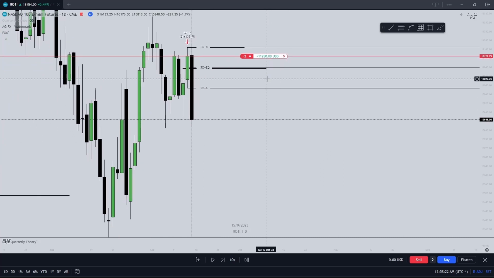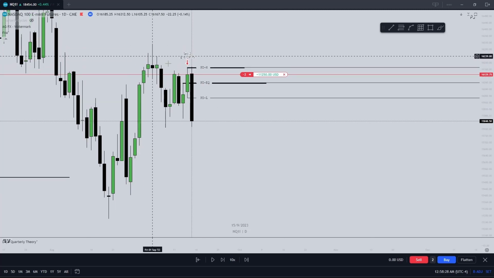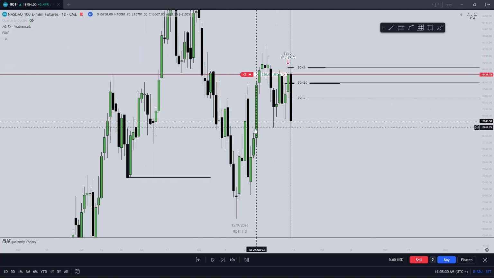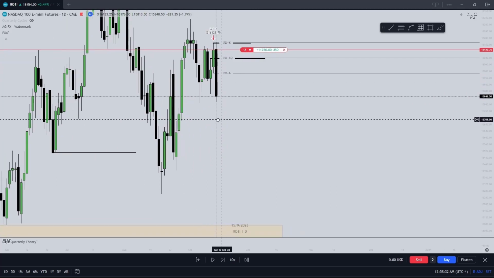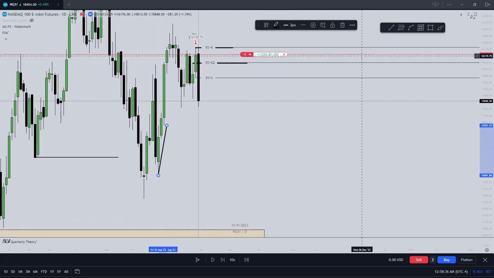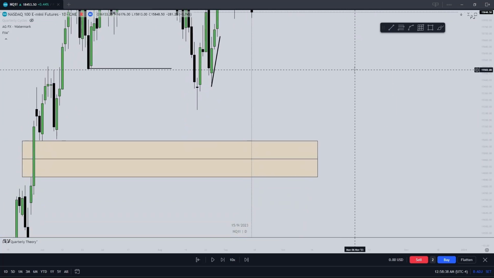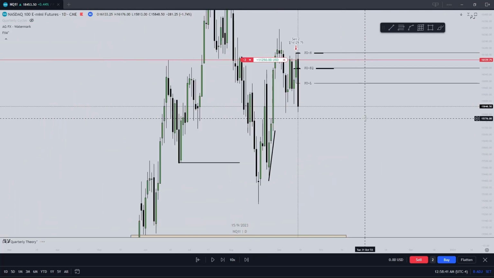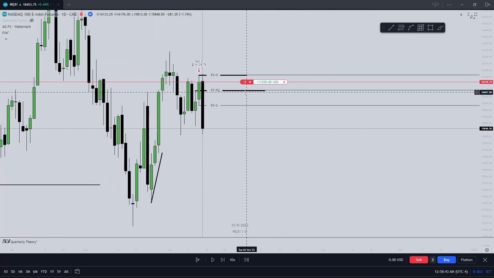Okay, so no reason to close here, right? Delivering bearishly. We've mitigated our fair value gap. Low resistance below. And an obvious gap below. We closed below our previous day candle.